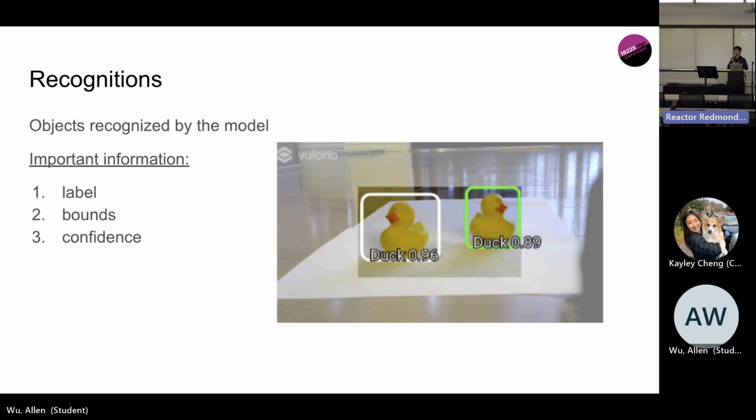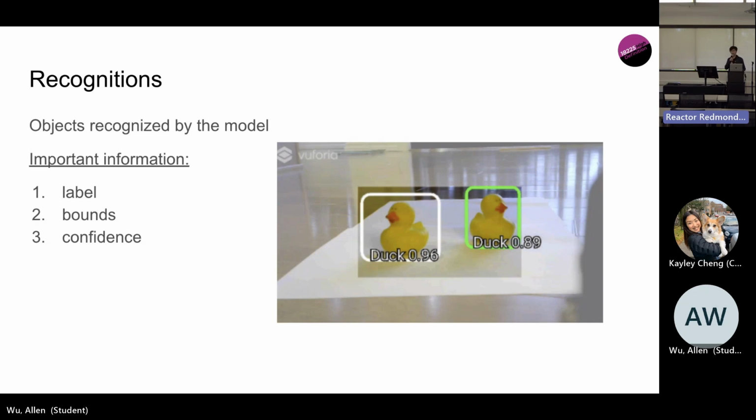Say you want to be able to drive to an object. Then not only do you want to know what object you're looking at, you also want to know where the object is within the image, so you can do some extra calculations to pinpoint the actual location and finally drive there. So bounds are also very important in some cases, depending on what you want to do with the information you find.